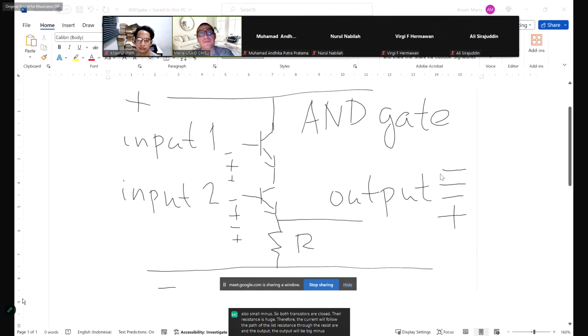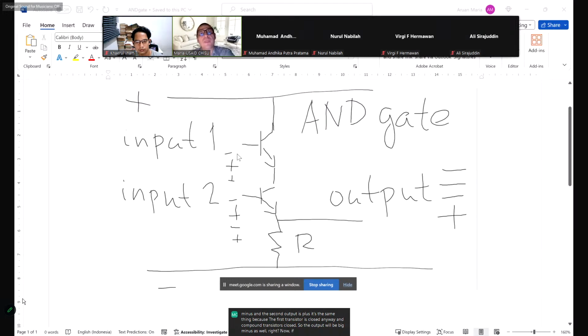Do you understand? Okay. Now, if the first input is still minus and the second input is plus, it's the same thing, because the first transistor is closed anyway and compound transistor is closed. So the output will be big minus as well, right?